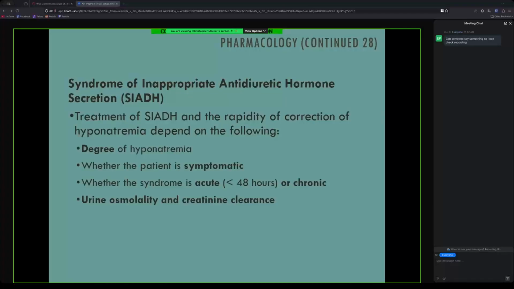So the degree of hyponatremia, are they symptomatic, how long has it been going on, and then how are the kidneys working and what is the urine osmolality? And you'll see that 48 hour cutoff on the slide, less than 48 being acute for SIADH, or greater than 48, we have some responses or changes that are taking place over a longer time period, so the body has been adapting.